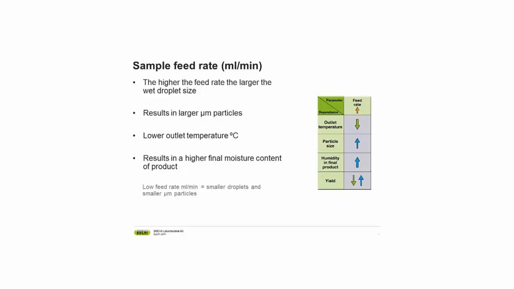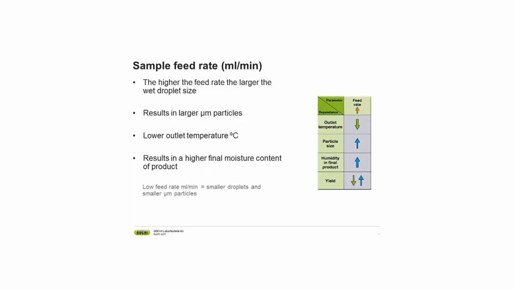So first I would like to talk about the sample feed rate. In general, here you can always see the feed rate, and then you can also see the parameter that is mostly influenced by it. If we increase the feed rate, the outlet temperature will decrease because we have at any point more solvent in our system.